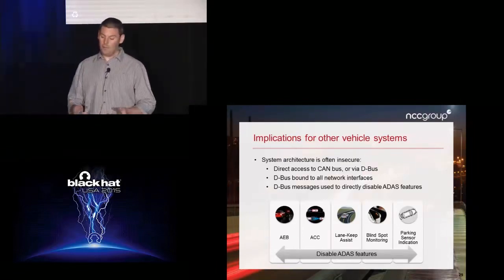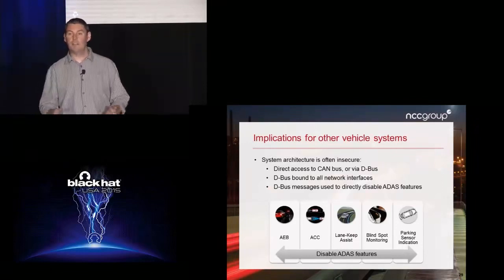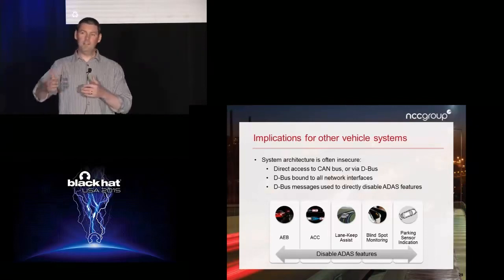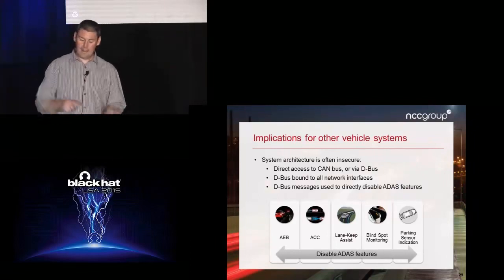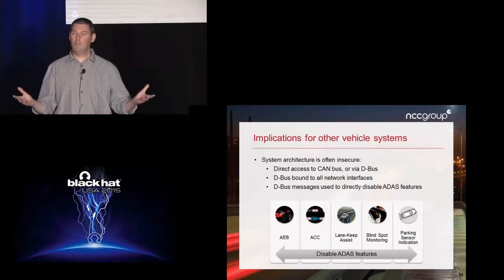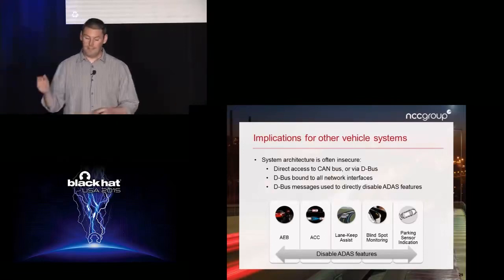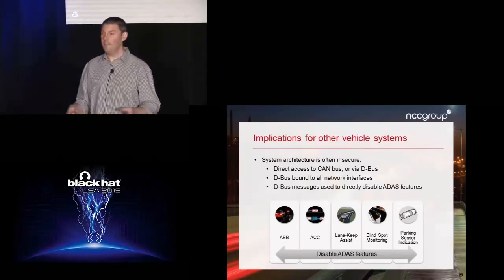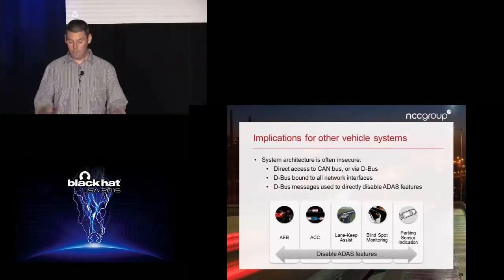So if you as a driver have enabled advanced emergency braking, which essentially looks to see whether you're at a safe distance from an object in front of you, and somebody can connect via a wireless vulnerability like DAB, for example, and they can then send a direct D-bus message from that infotainment system to disable one of these ADAS features, that's pretty serious, and that's something that we've seen in the real world.